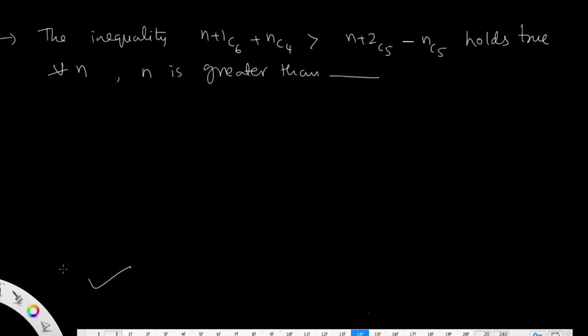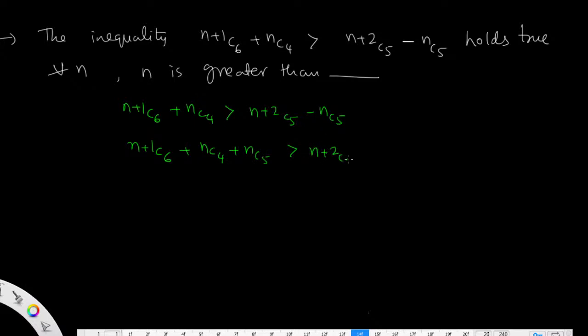So what are the values given? First you take n plus 1 C6 plus NC4 is greater than n plus 2 C5 minus NC5. So minus NC5 bring this side. N plus 1 C6 plus NC4 plus NC5 is greater than n plus 2 C5. Now observe, this is the formula. What is the formula?